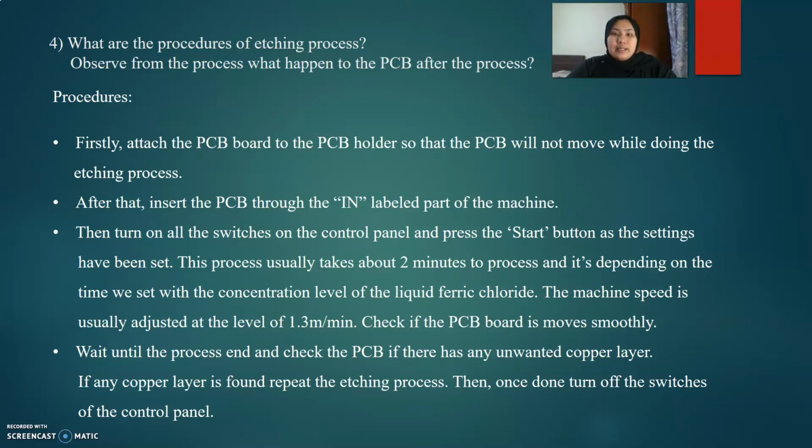If any copper layer is found, repeat the etching process. Then once done, turn off the switches of the control panel. Okay, so this is the first picture before the etching process, and the other side is after the etching process.